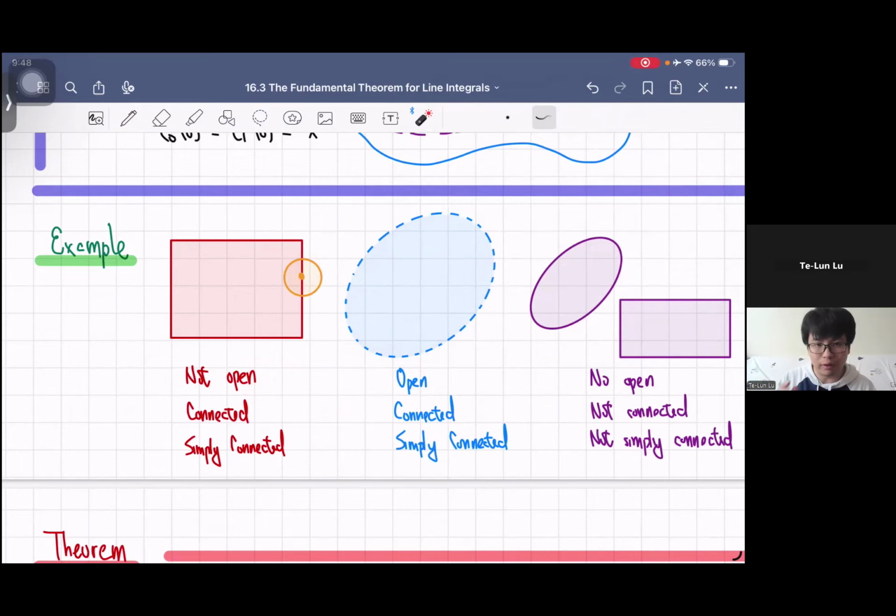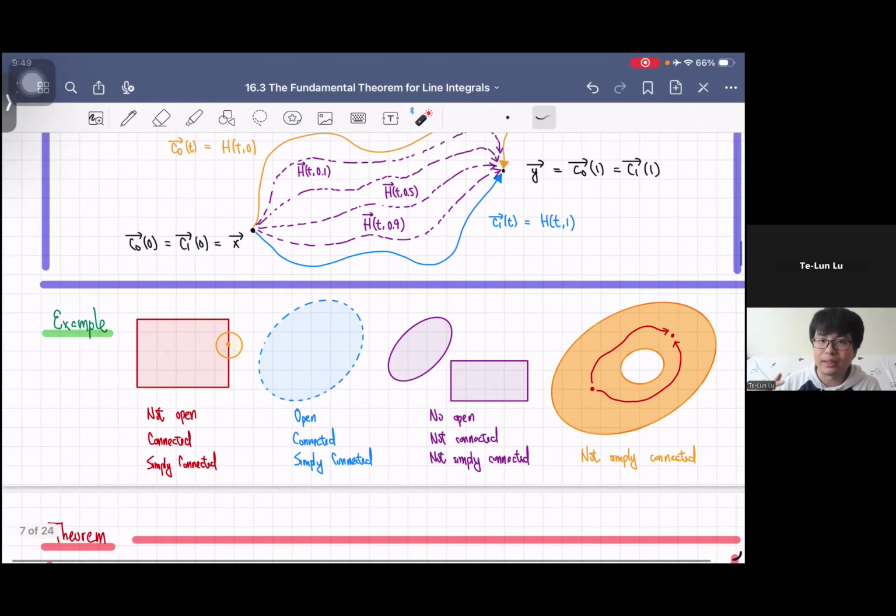For however small a radius, you will still have some point outside the set. That is why the boundary matters. Any set that does not contain its boundary is open, because for any point not on the boundary, you can choose a radius so small that the ball is contained in the set itself. So basically, open means that the set does not contain its own boundary.